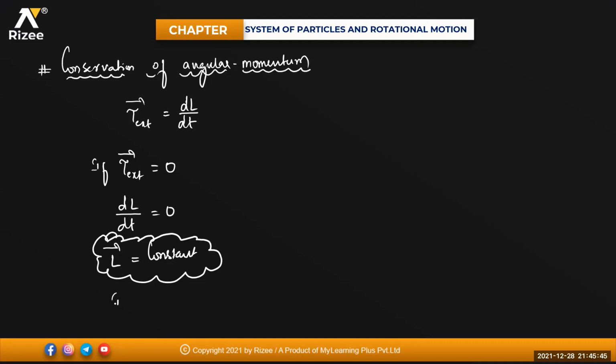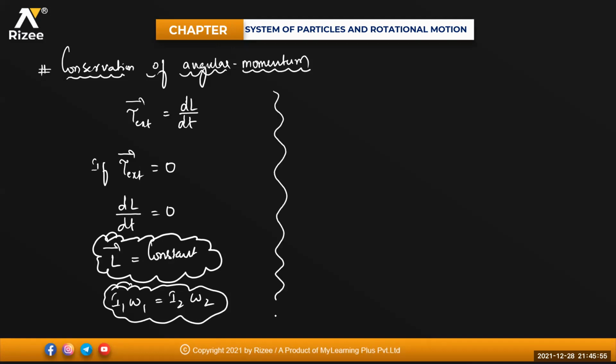That means I1 omega 1 will be equal to I2 omega 2. In terms of time period, I1 into 2 pi by T1 will be equal to I2 into 2 pi by T2. 2 pi will get cancelled.